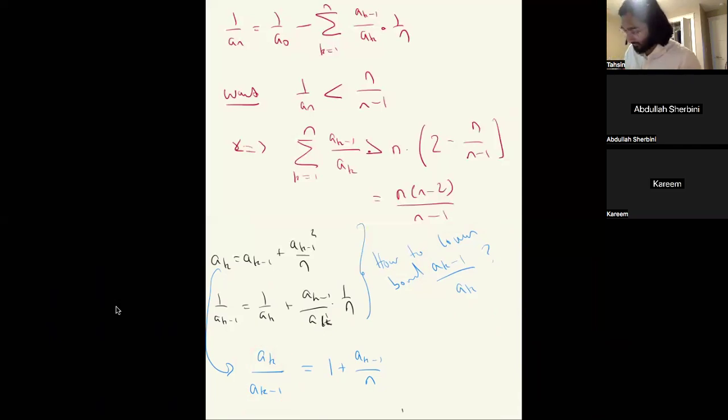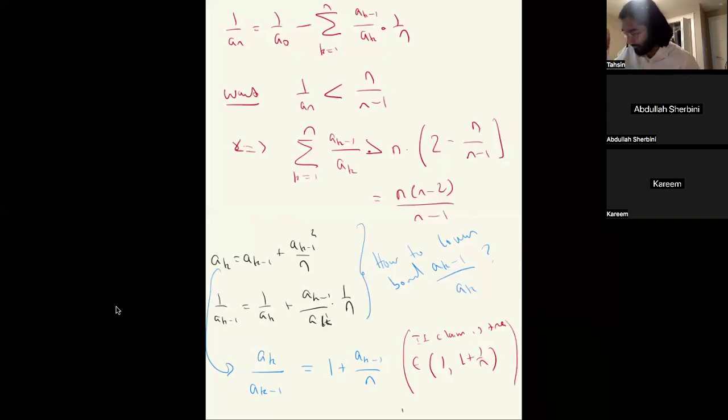And now you have very tight control over this term because, maybe I'll write it in red, if the claim is true, then this is actually between 1 and 1 plus 1 over n, right?